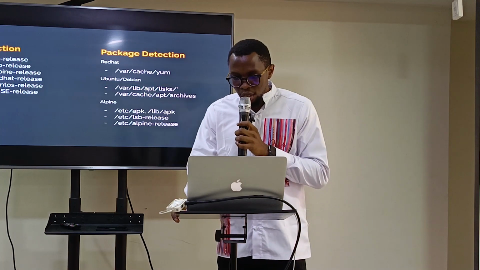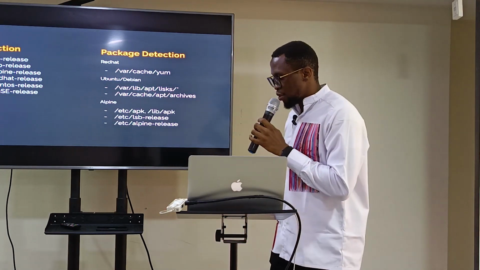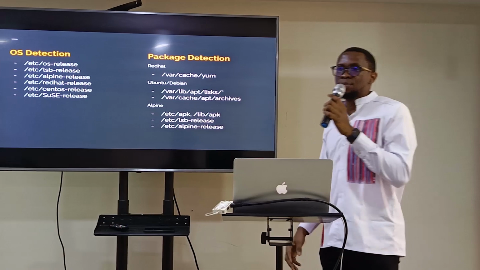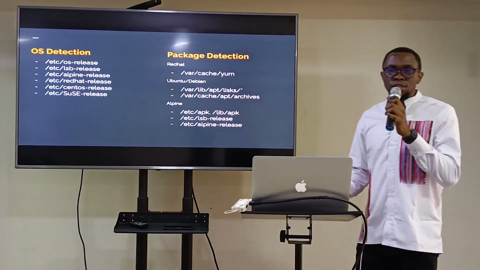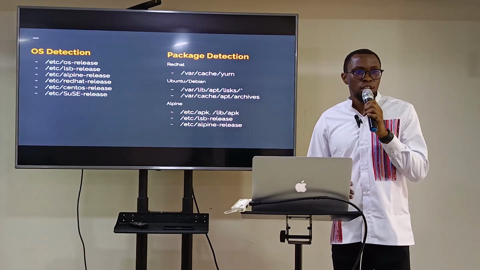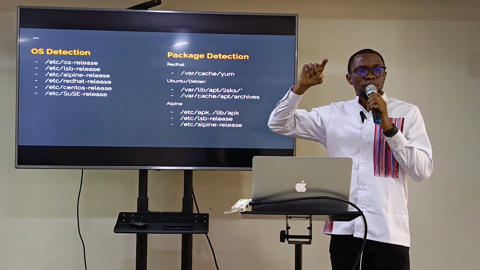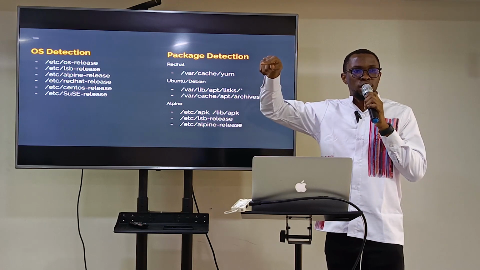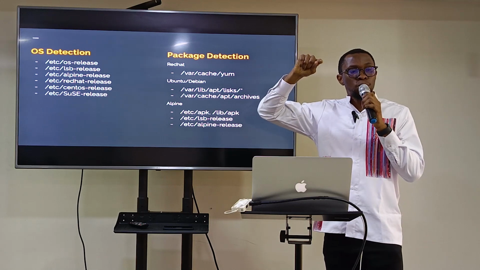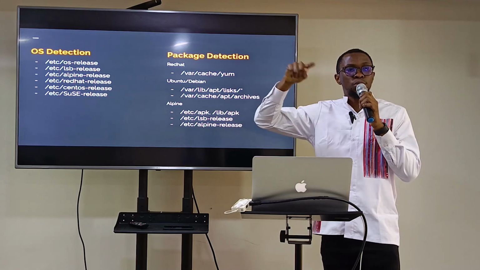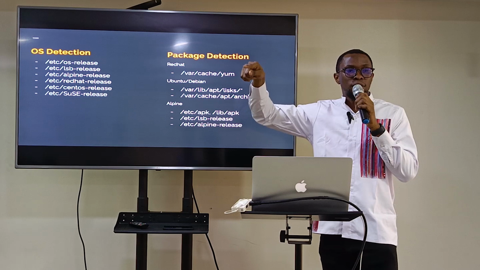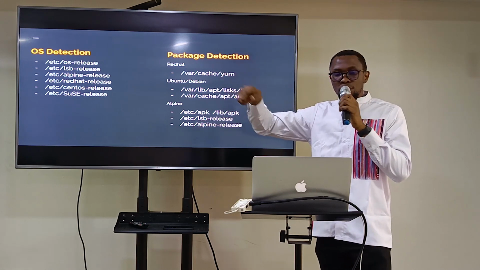Now, OS detection itself: when your scanners run, irrespective of whether you use Trivy or Grype or something else, remember the niche here is to understand how your scanners run, because you must know how these things work to be able to mitigate whatever security vulnerability you find in your containers.